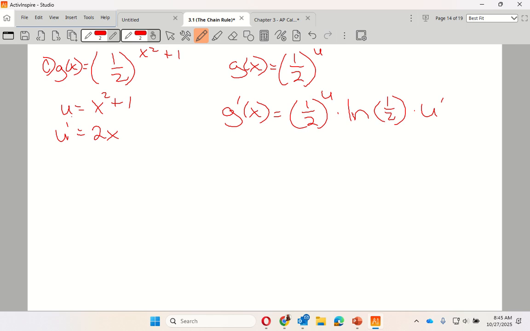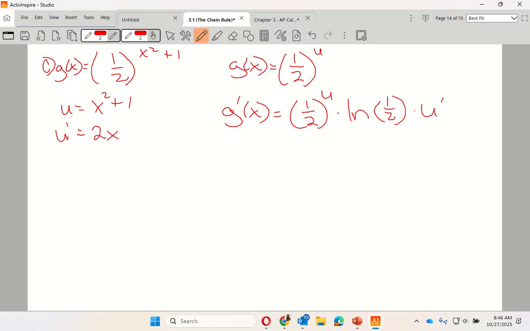Is that it? Perfect, but there's a slight issue with our lns and having fractions in the lns. And this is a rule that I want to actually start emphasizing now. The answer is technically correct once we get to that point, but you're going to have to learn and practice the skill of separating your fraction that's inside your ln.